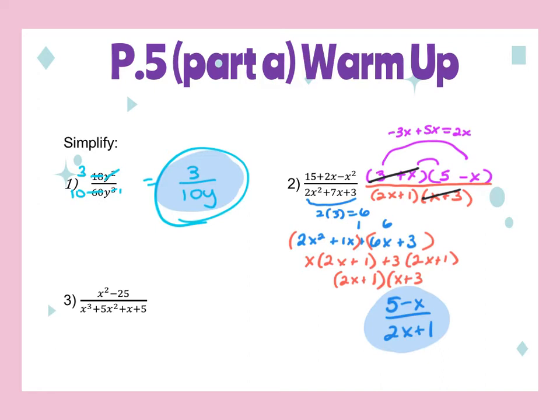But you put the number, then the x? Yes. Okay. I'm getting negative 5 plus x over 2x plus 1. Does that count too? Negative 5 plus x over 2x plus 1, your signs are off. So there shouldn't be a negative on the 5. The negative should be on the x.